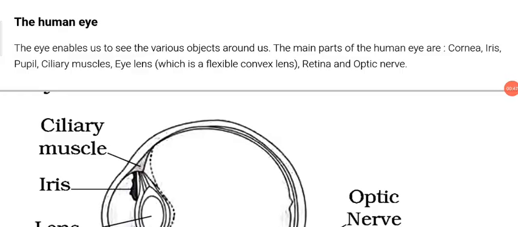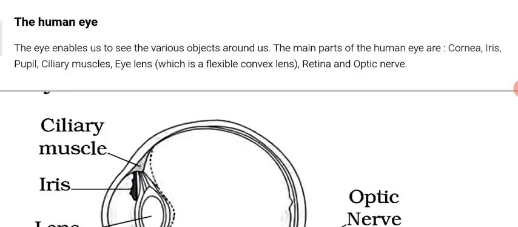Okay, so the human eye. Let us first of all understand about the eye. What is the eye? Eye is a natural device with the help of which we are able to see this wonderful world.